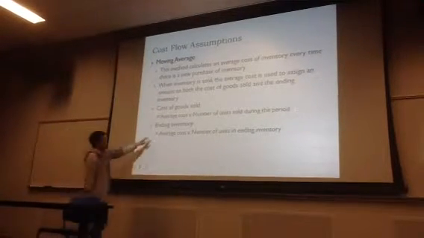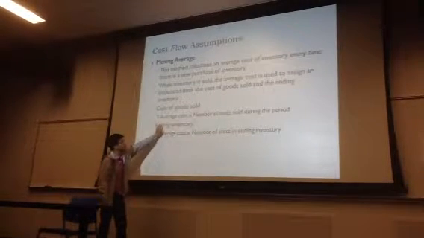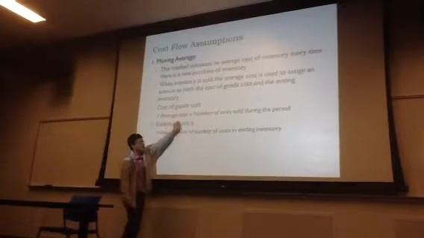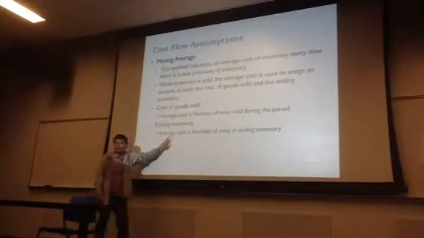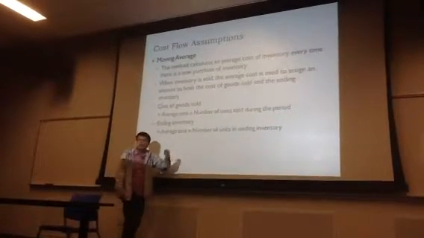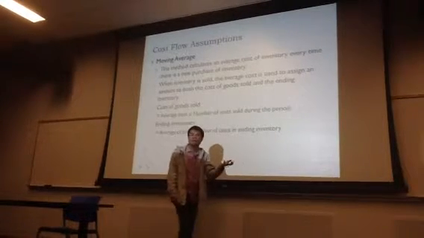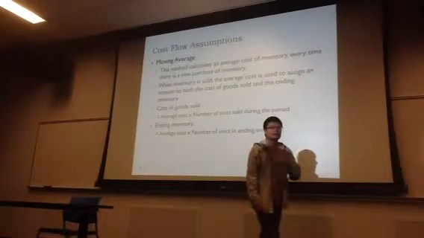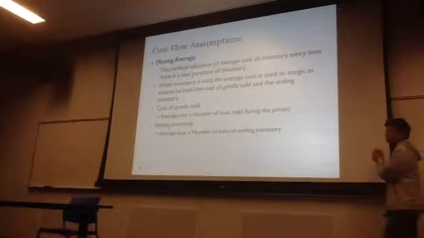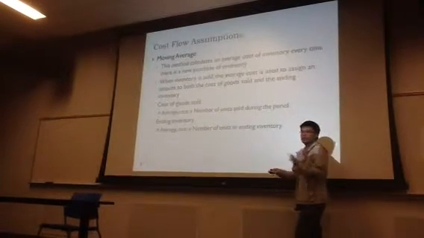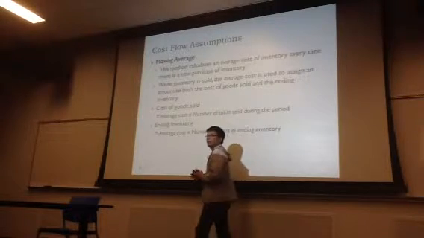In calculating the cost of goods sold, we would take the average cost and multiply it by the number of units sold during the period. For the ending inventory, we would take the average cost and multiply it by how many units we have left in our warehouse. Once again, that may not be very accurate, but it's just an assumption that we are making. We are just taking the average.